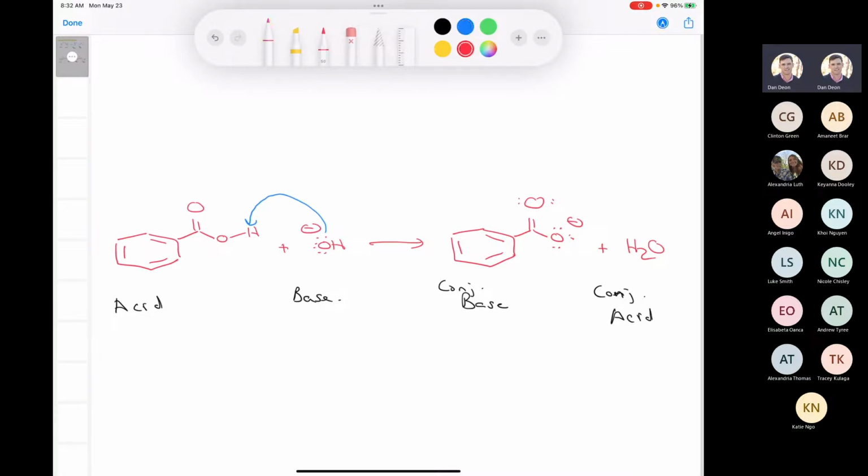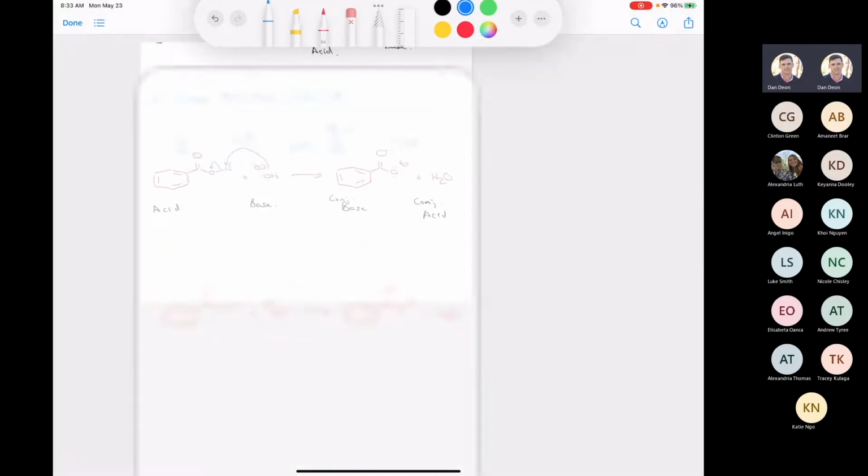We know that the hydrogen can't have two bonds, and so we're going to have to break this bond, and we put a pair of electrons on the oxygen, and just like that, we're done with our acid-base reaction arrow mechanism. So again, these curved arrows actually show a bond being broken and a bond being formed simultaneously. Pretty cool, huh?